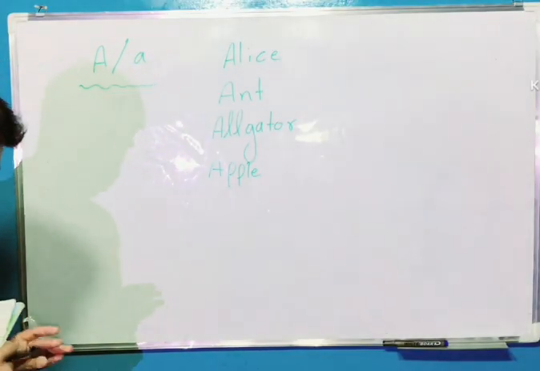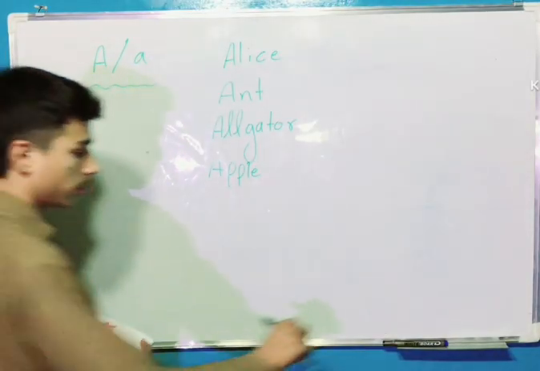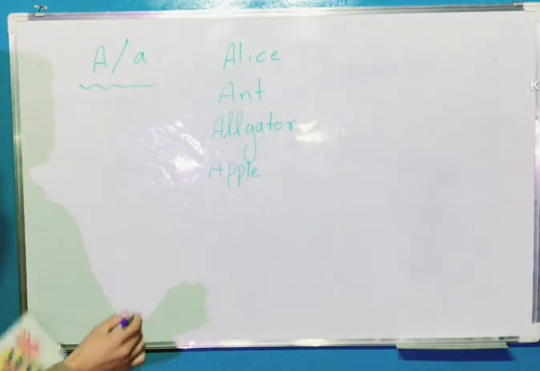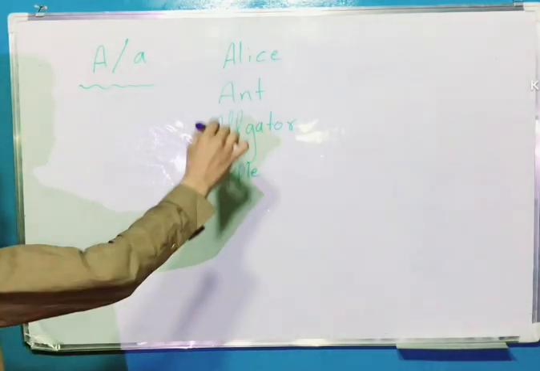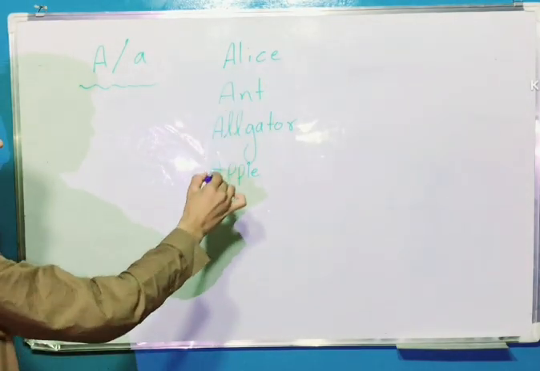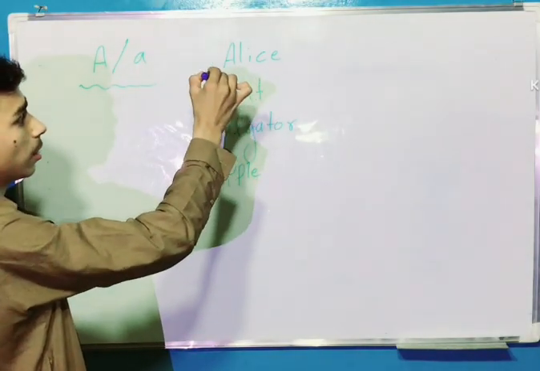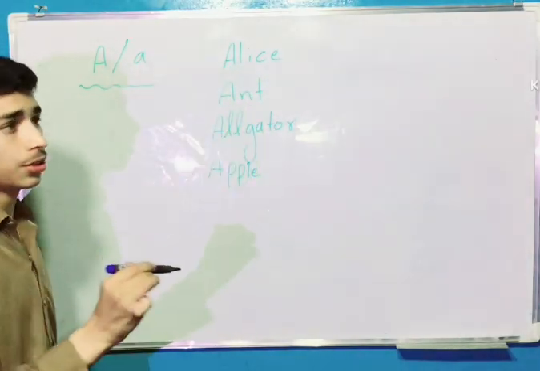So we have 4 words of the A letter words: Alice, ant, alligator, and apple. So in this word, which is the A letter?